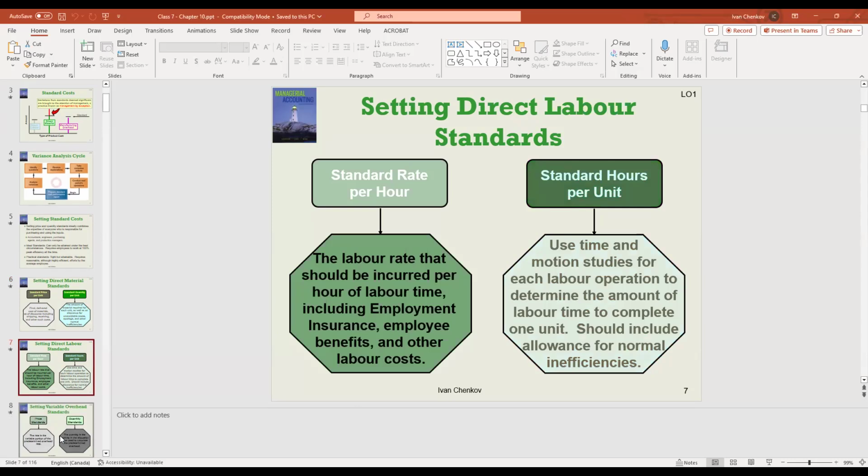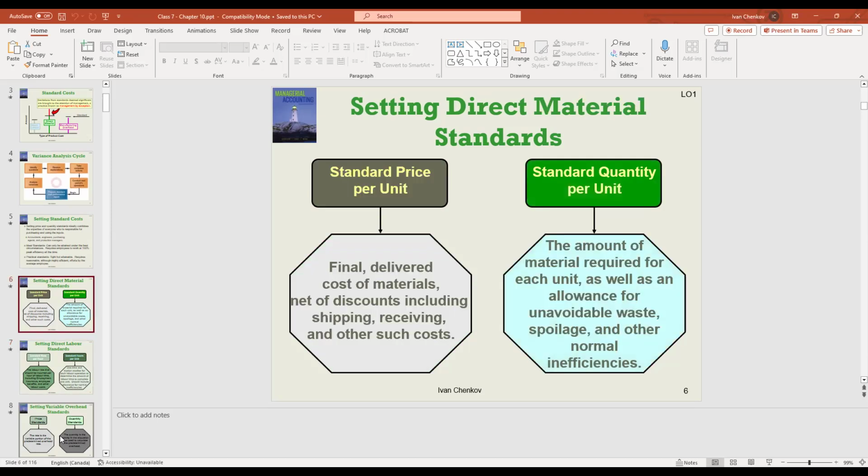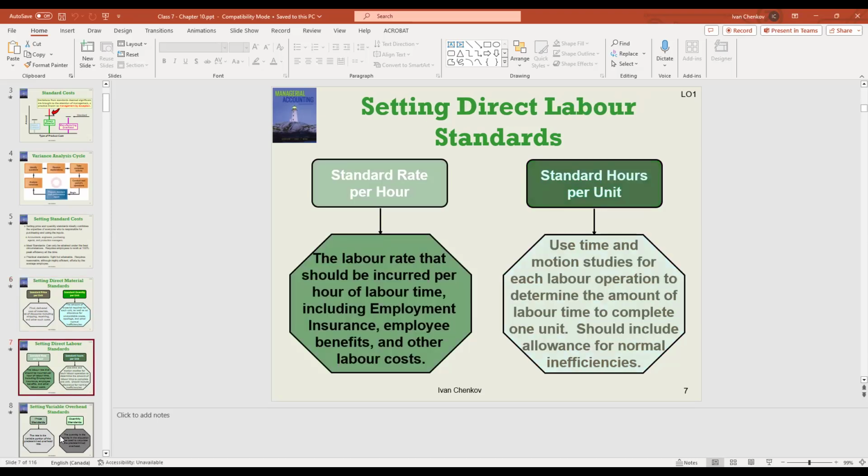Having that in mind, let's think about what the standards will be for direct labor. If those are the standards for direct material, what will be the standard for direct labor? The standard for direct labor will be the rate per hour that we actually pay. So if somebody pays you $20 per hour, is that the cost for the employer?